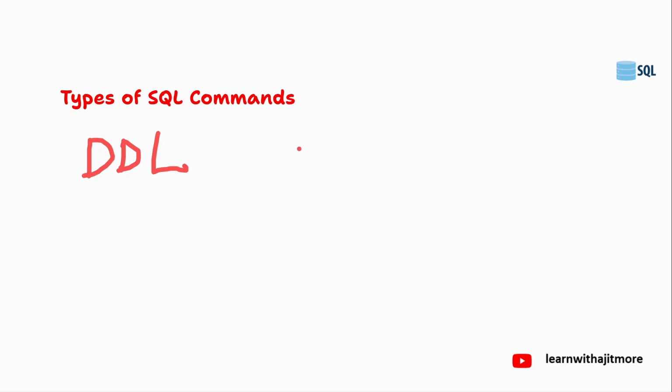Means the schema or design, you can say. Okay. So the design of your table will be done through DDL, data definition language. Like creating the table, which I did today, creating the database. Then I created a table. When I created a table, I gave the name of the table, what columns will be there, their data type, their constraint.